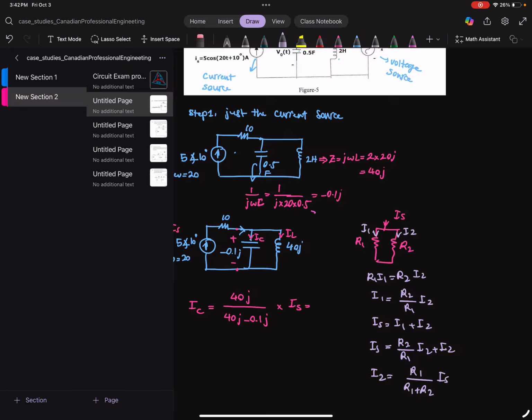So the current going through the second resistor is going to be the other resistor value over the summation. So that's how IC is going to be 40j, which is, let's call it R2, over the summation of the two. So IC is going to be 40j over 39.9j IS.